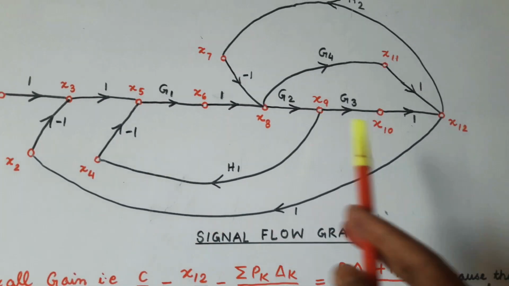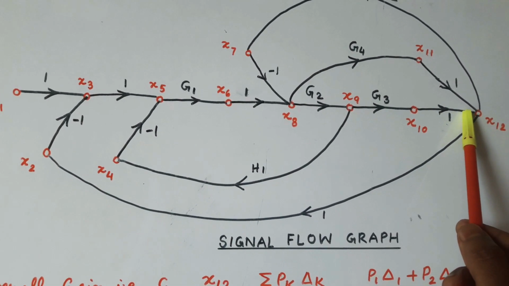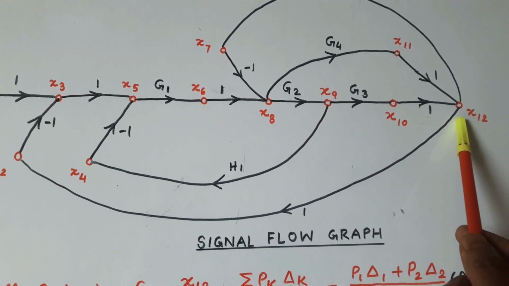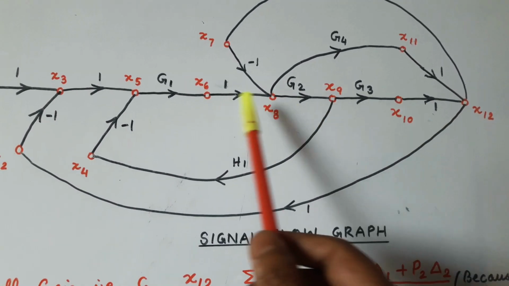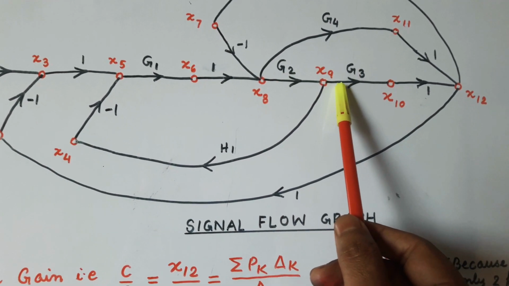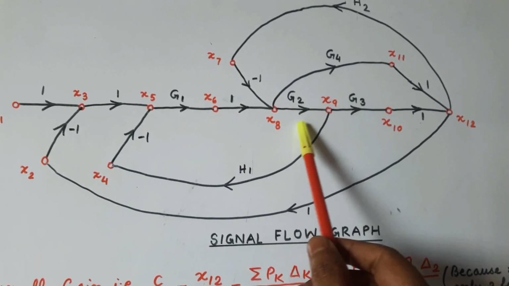We find in this given signal flow graph that this is a forward path. So we will find the gain of this forward path. The gain of this forward path is 1 into 1 into G1 into 1 into G2 into G3 into 1. That is, the value of P1 will be equal to G1, G2, G3.